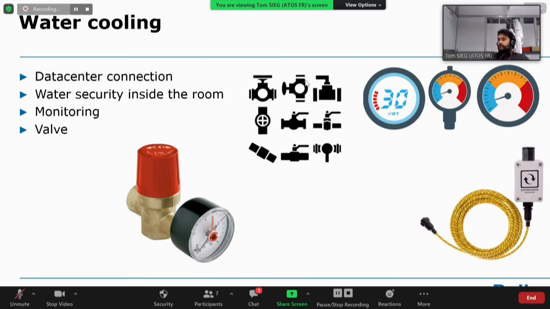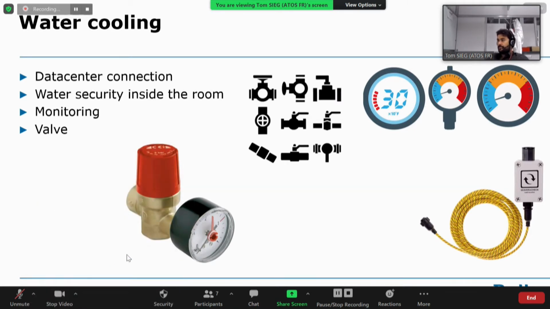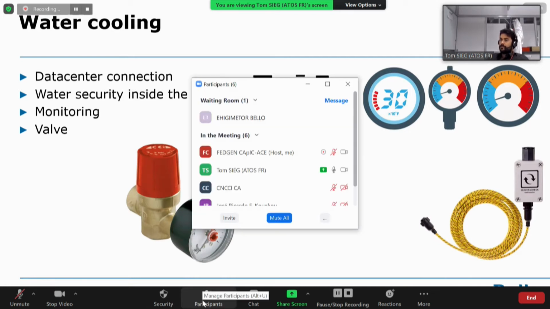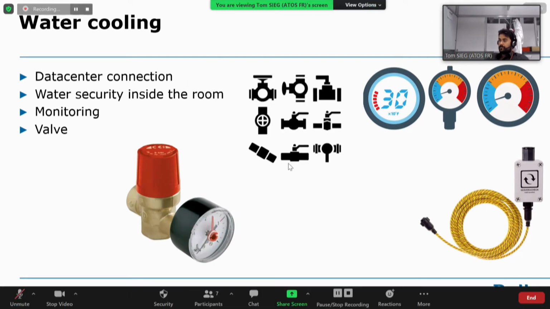In a data center, connections are really, really common because your systems will be moved. For example, if you change your system, you will change your connectors, etc. So you will have to segment and optimize each segment of your infrastructure.